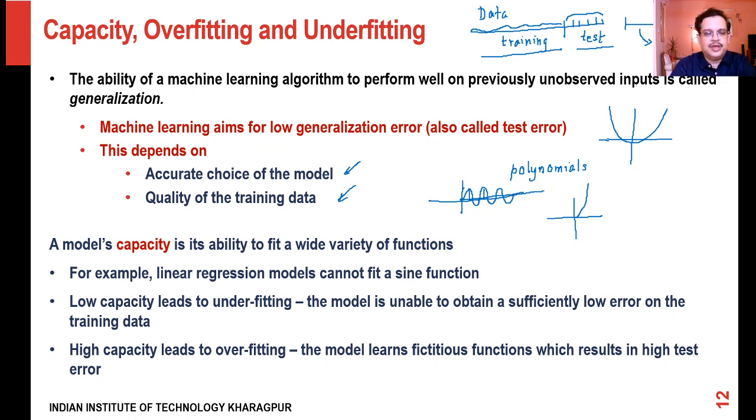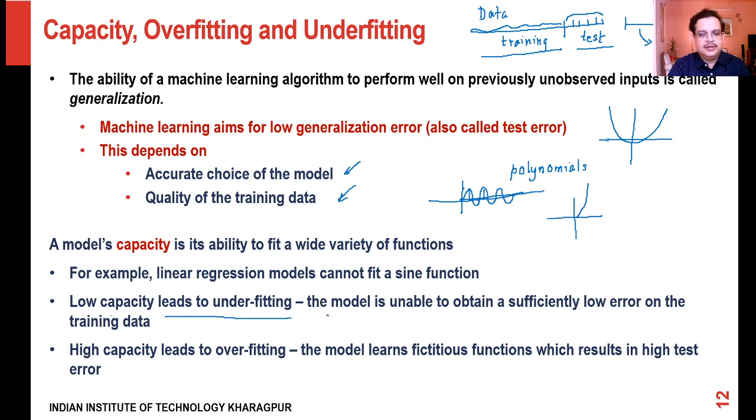So if you choose a family which has a very low capacity, then you get what is called underfitting. In underfitting, the model is unable to obtain a sufficiently low error in the training data. You will see in the training itself that it's not working very well.